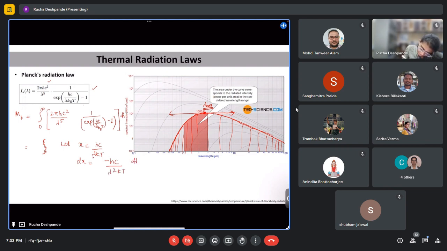Here our lambda is the variable. So now we will replace d lambda with dx and this term with x in the above equation.